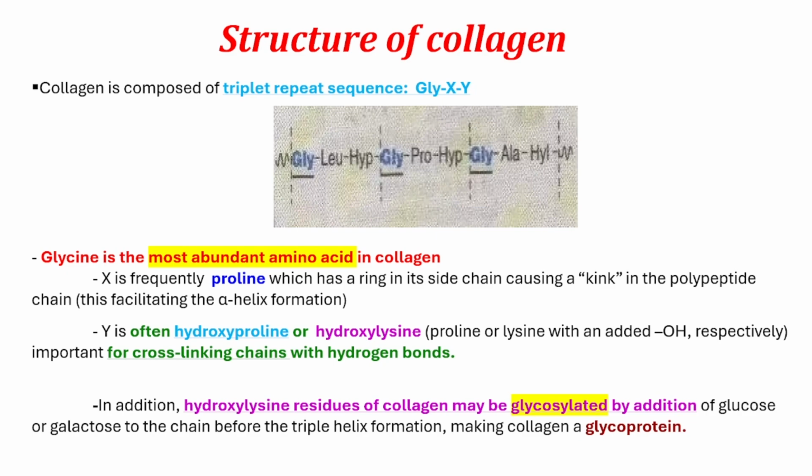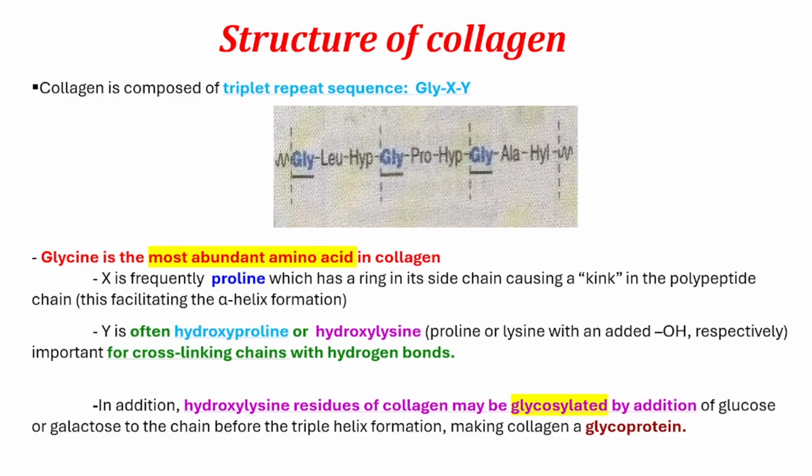Every 3 amino acids, I have glycine, all right? So the most abundant amino acid in my collagen structure is the glycine, okay? Then, after that, as we said, glycine X and Y. The X, the second one, mostly it's proline, okay? But it can be other types of amino acids.